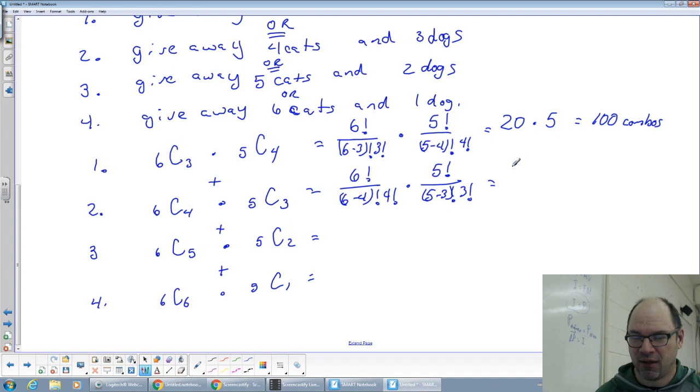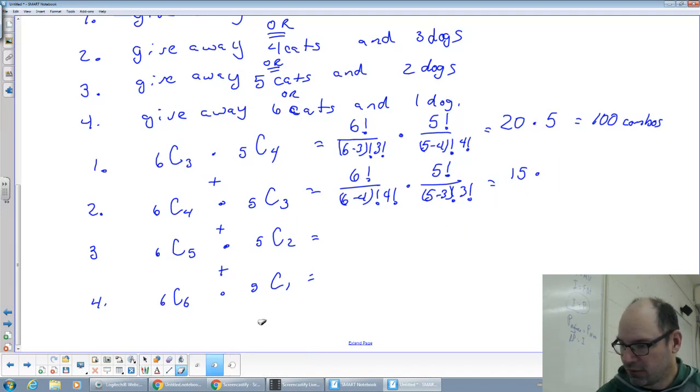So this one ends up being 15 for 6C4 times, oops, I was going to put an exclamation mark there, we don't need that. 15 times 4, or sorry, that's not 4, that's 10, because this would be 5 times 4 divided by 2.